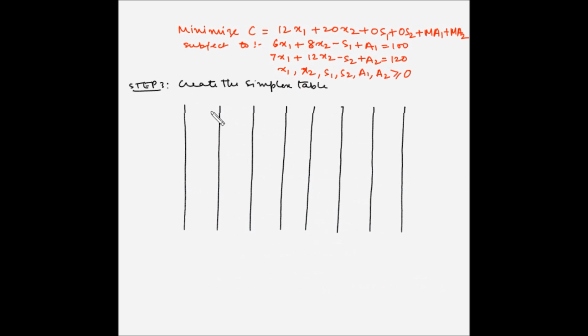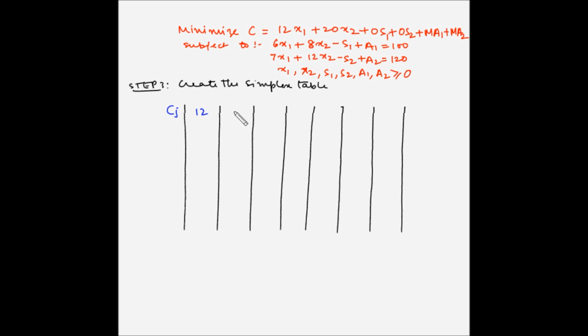Now the first row of the simplex table is called the objective row, represented by Cj. This row represents the profit or cost per unit of each variable in the objective function. So let's note down the coefficients of the variables in the objective function.